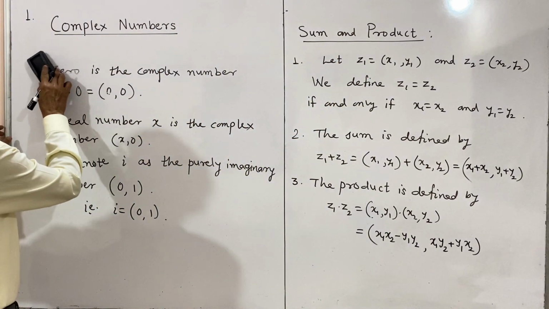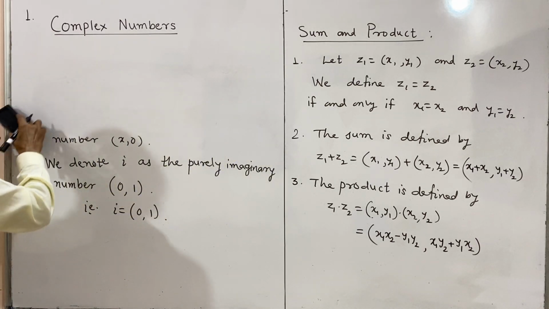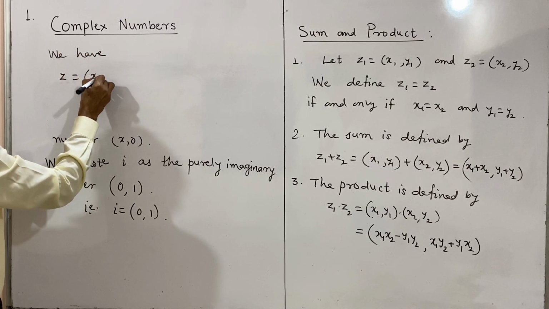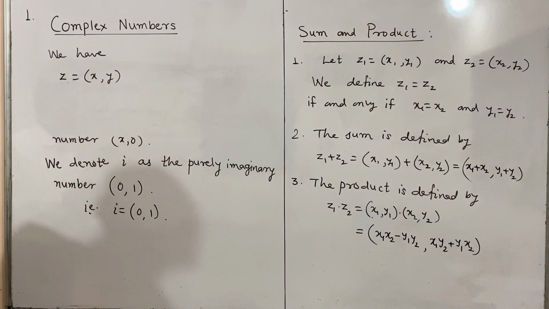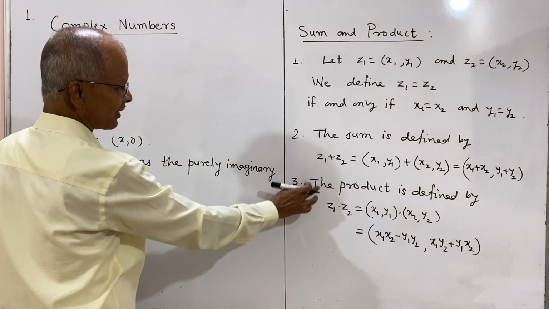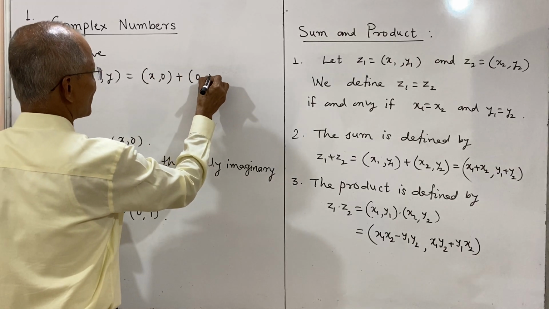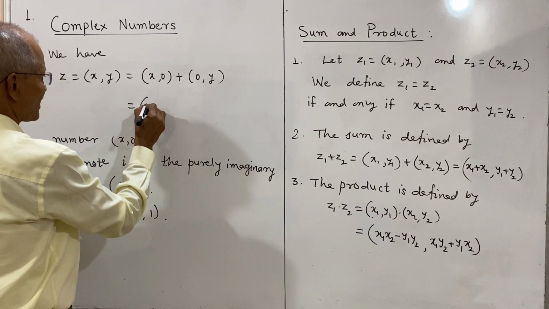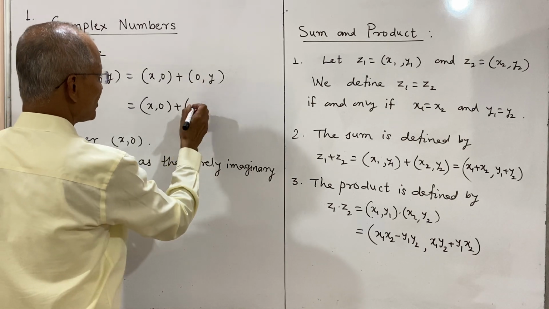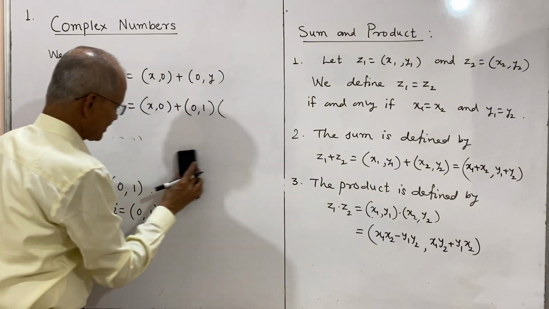We have considered z earlier as x, y. z is a complex number having two parts, x and y. x is the real part, y is the imaginary part, and with the definitions of sum and product this can be written as x, 0 plus 0, y, and further 0, y is written as 0, 1 multiplied by y, 0.